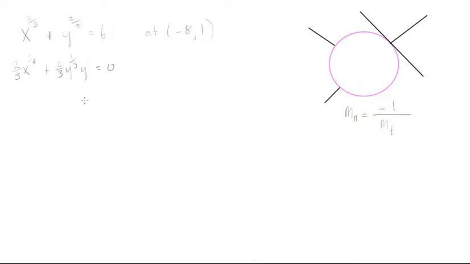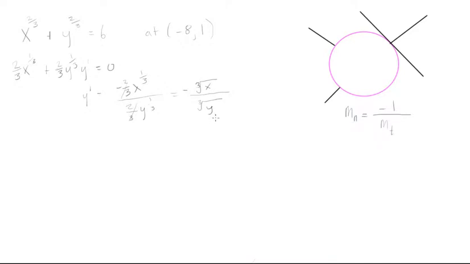We'll have y prime on one side, and this is equal to -2/3 x to the power of 1/3 over, now we'll divide it by this, 2/3 y to the power of 1/3. And we can cancel out this 2/3 with this 2/3, and we're left with the cube root of x over the cube root of y.